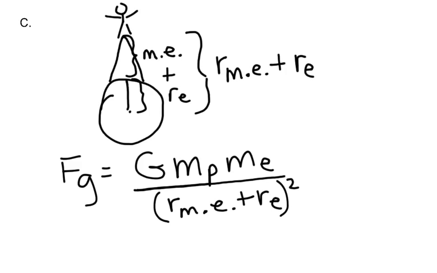So we're increasing the value in the denominator. This value becomes much larger, so that your force of gravitational attraction does become much less.